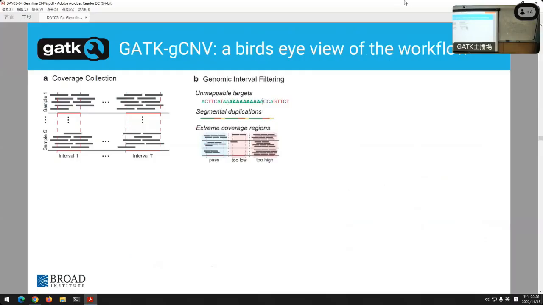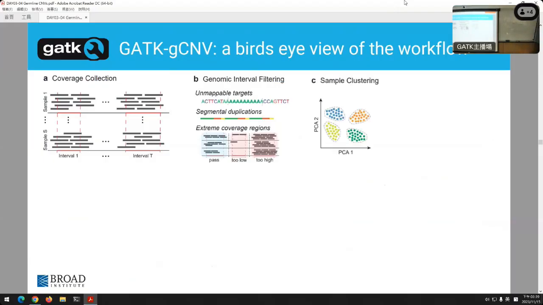Then we perform genomic interval filtering, where we remove genomic regions that are unmappable, that are in segmental duplications, or that have very extreme coverage. So we are removing intervals where we don't think we're going to be able to do a good job calling copy number variants from the read depth. We are left with a set of high quality intervals where we can be confident in our CNV calling.